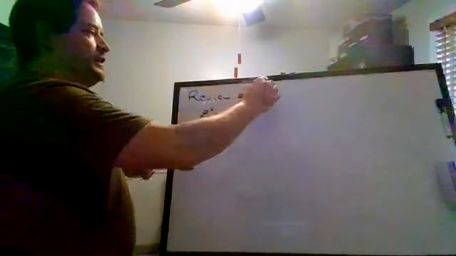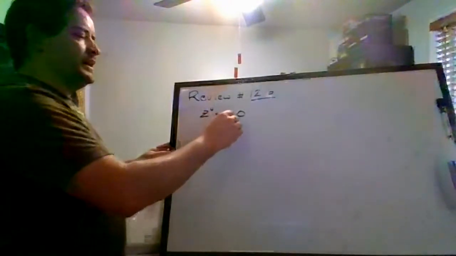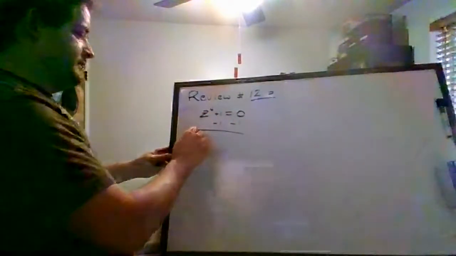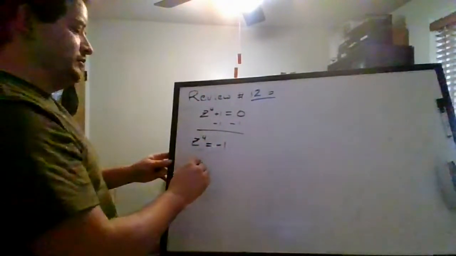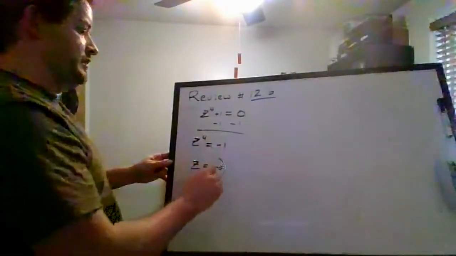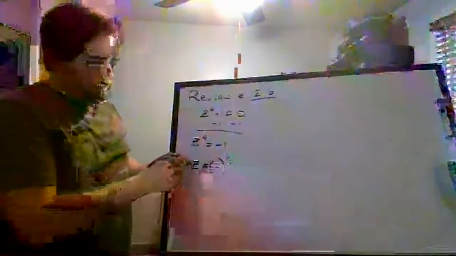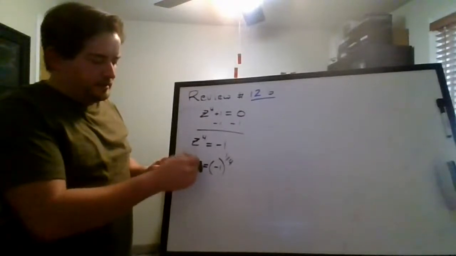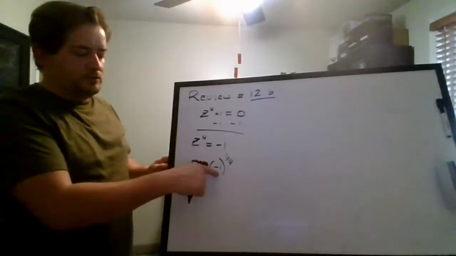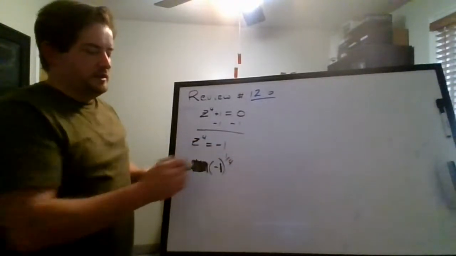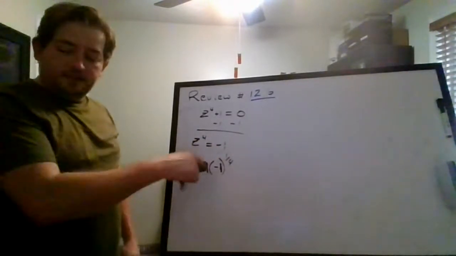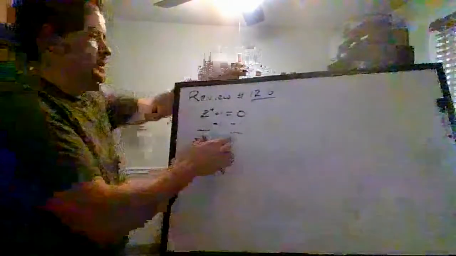So if I simplify this, minus 1 on both sides, this gives me z to the fourth equals negative 1. Or I'm really looking for solutions to z equals negative 1 to the 1/4, right? If I ignore the idea that this whole thing is an equation, it's really just asking me to take negative 1 and find the fourth roots of it. So that's the question that I'm going to answer, and that answers this initial question.